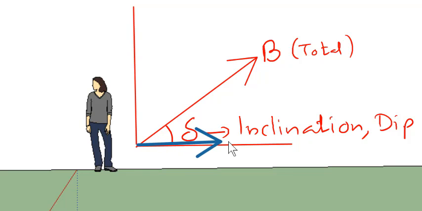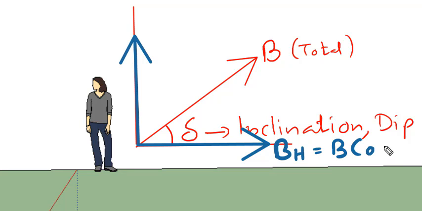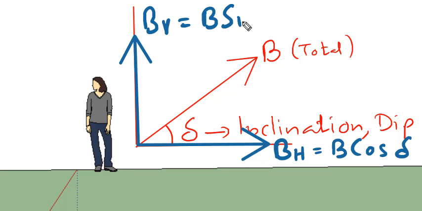So here we'll have one component in this direction and one component in this direction. This is called the horizontal component, which we normally write B cos delta, and this is the vertical component BV, which we normally write as B sin delta. So angle delta is here.